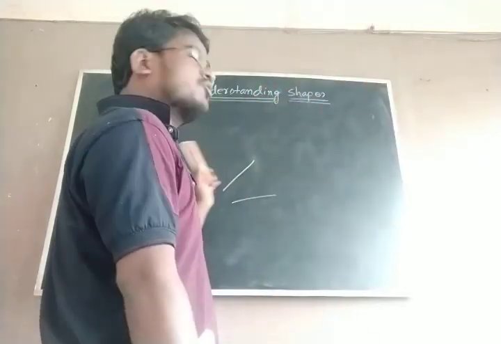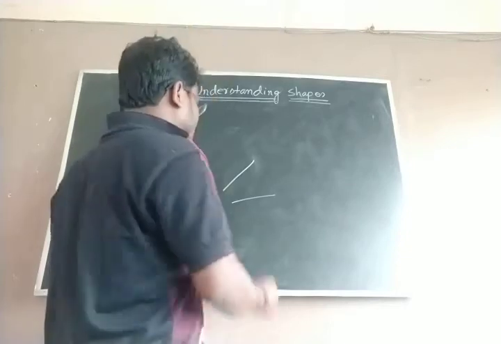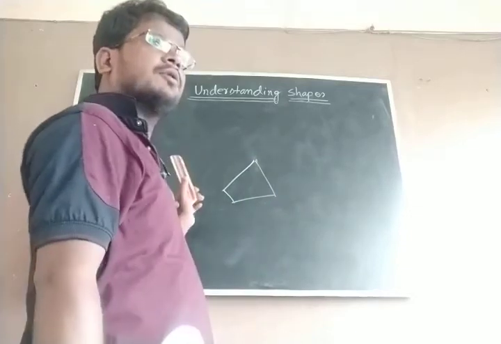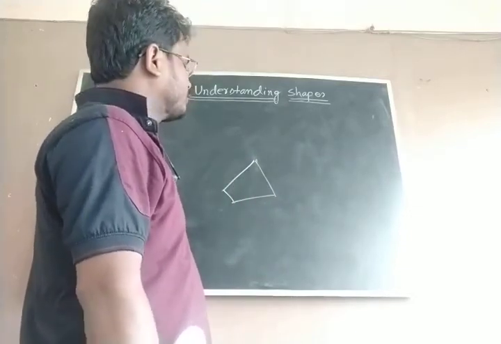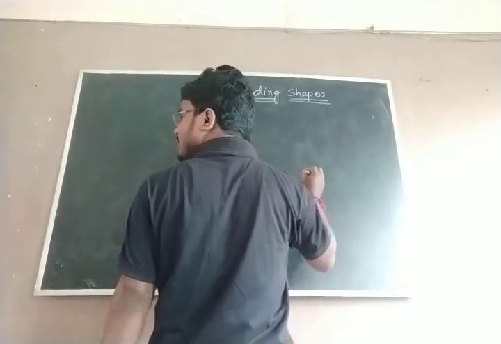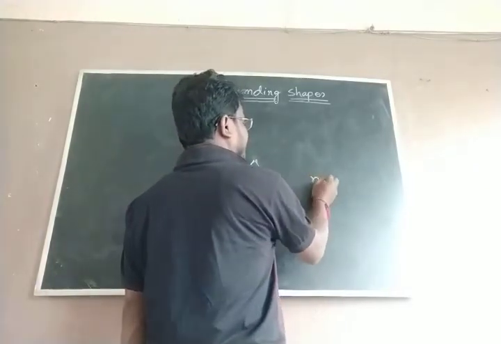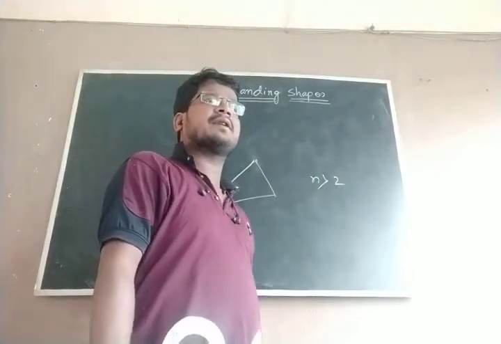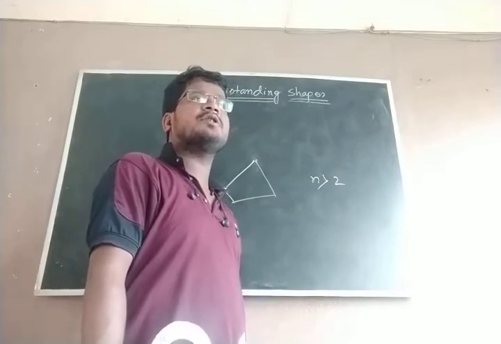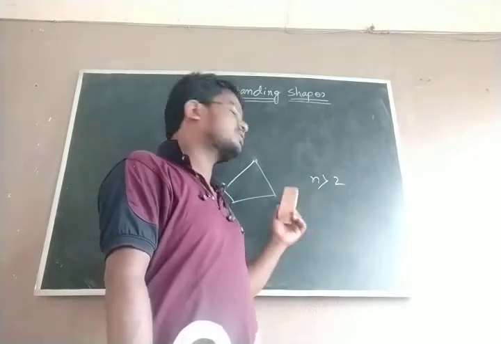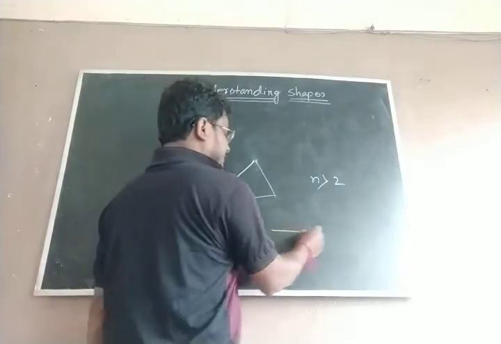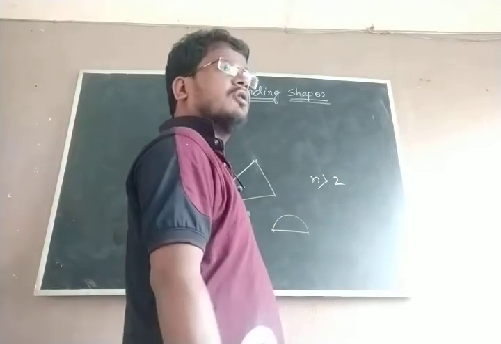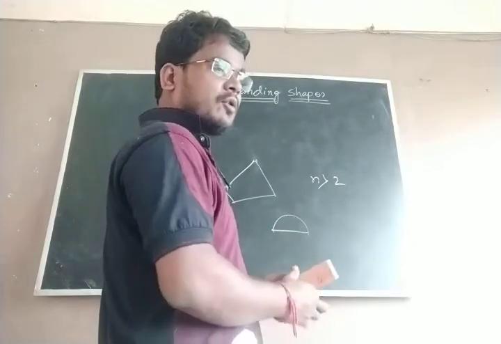A polygon must be closed. If I join them, then this will be a polygon. So a figure will be a polygon if its number of line segments n is greater than 2, because a polygon means a closed figure. This is a line segment, but this is not. This is a curved line.